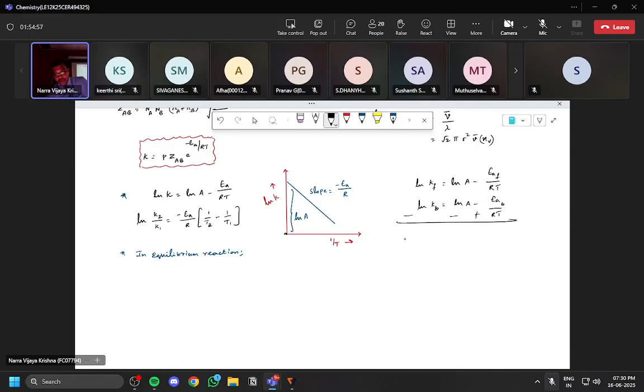K forward by K backward is called K equilibrium. This ln A gets cancelled. What do you get? Minus EA forward minus EA backward upon RT. Correct? EA forward minus EA backward is delta H. So ln K equilibrium equals minus delta H upon RT. Correct?